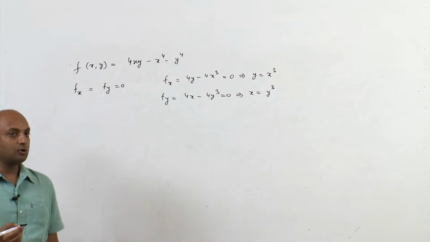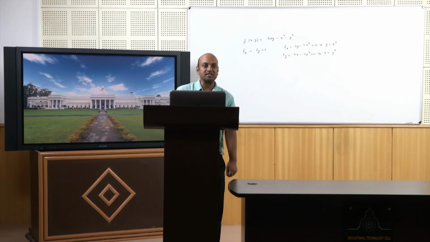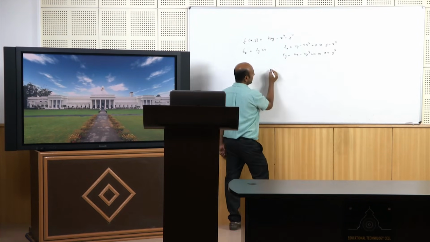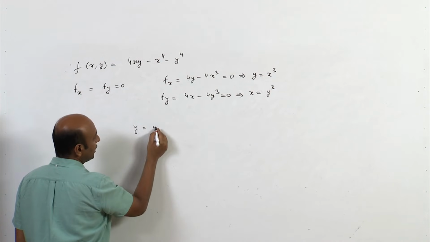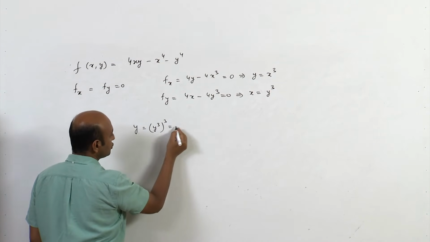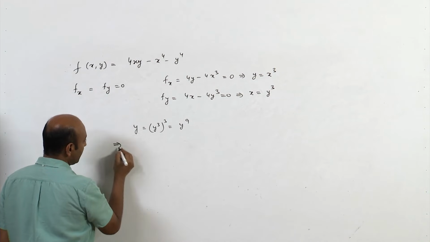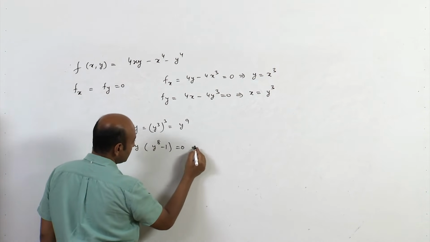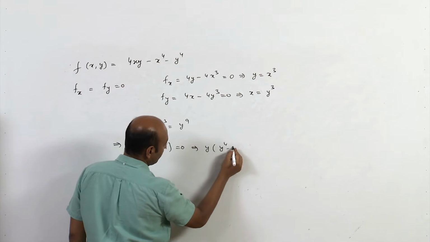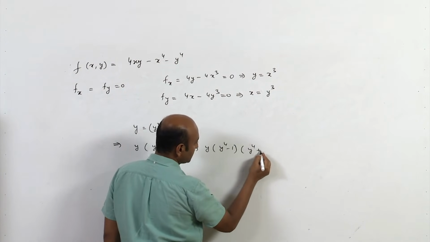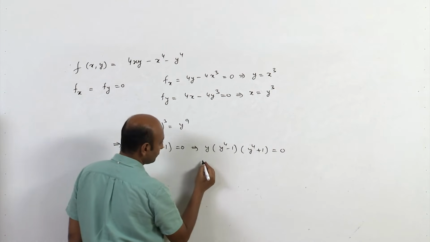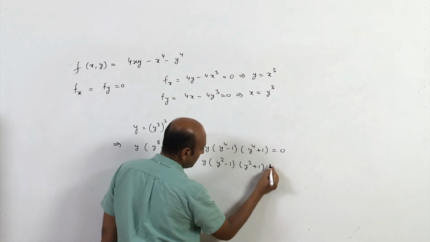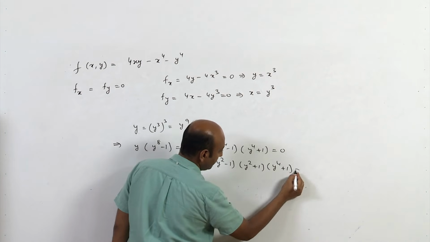Now we have to solve for the values of x and y from these two equations. You can substitute x equal to y cubed in this equation. What you will obtain is y equals y cubed whole cubed, that is y raised to power 9. This implies y into y raised to power 8 minus 1 equals 0, that is y into y squared minus 1, y squared plus 1, y raised to 4 plus 1 equals 0.